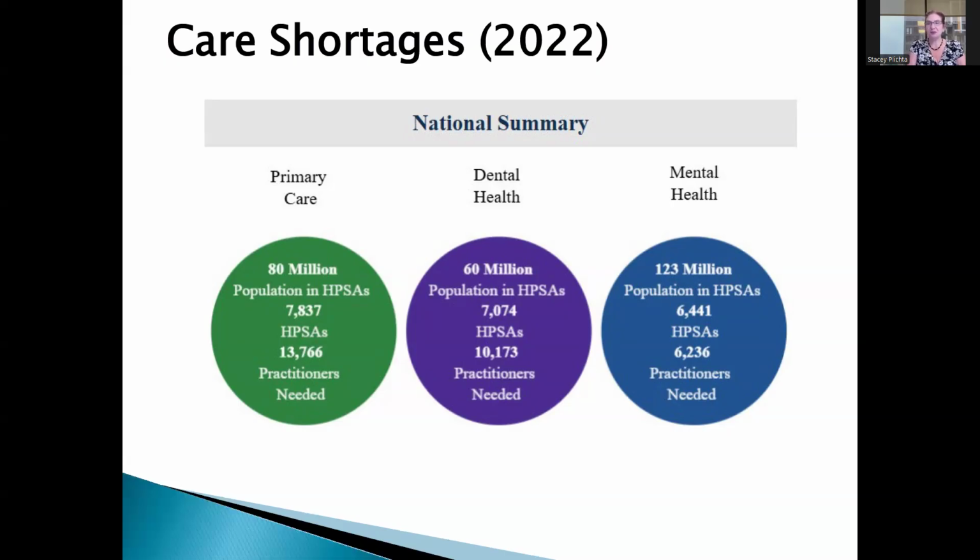And for mental health, it's even worse. 123 million people, over a third of the United States, live in areas where there are not enough mental health practitioners.